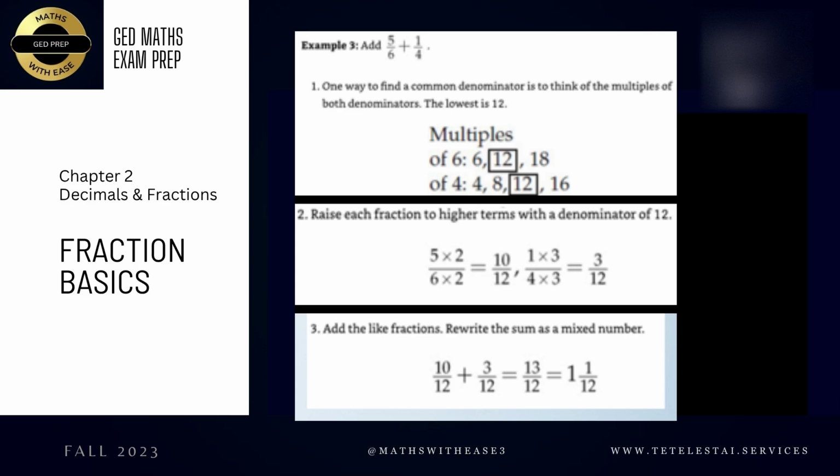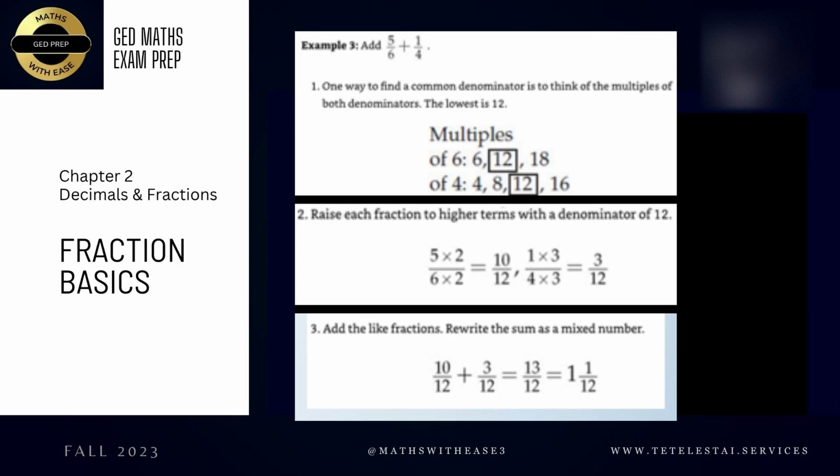So you want to think of the multiples of both of your denominators, the lowest one between them. For example, multiples of 6: 12 and 18, and multiples of 4: 4, 8, and 12. Between them both, they share 12 as a common multiple, and it's also the lowest, right?